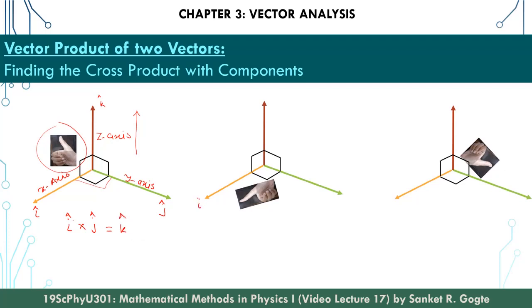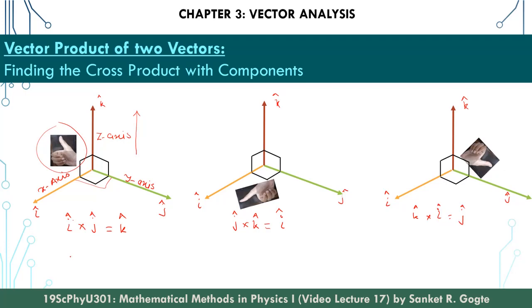If I consider the cross product j cross k, then you can see that it is equal to i, and for this diagram, this is unit vector i, this is unit vector j, and this is unit vector k. If we consider the cross product k cross i, it is always equal to j.